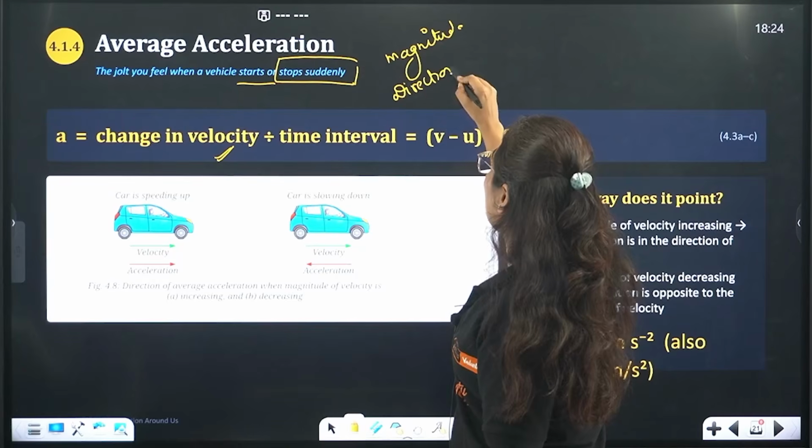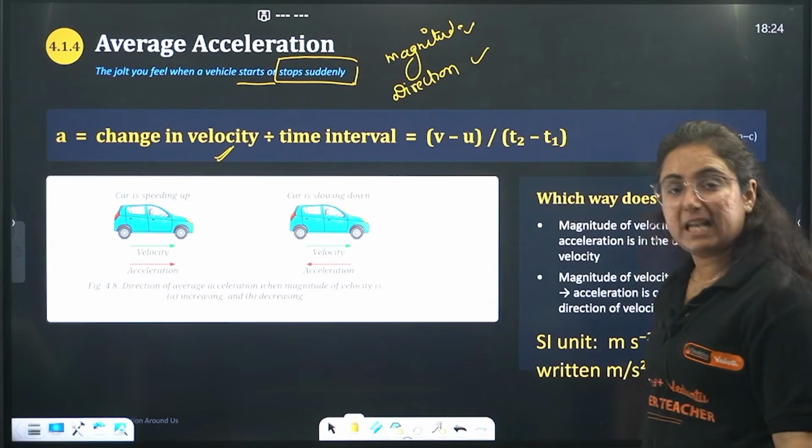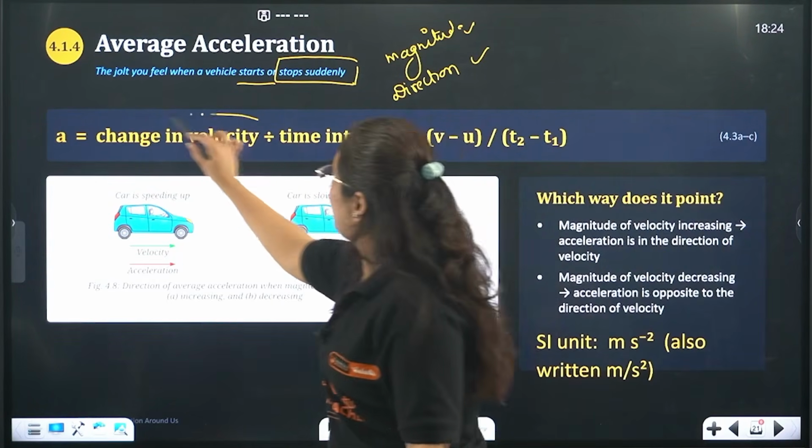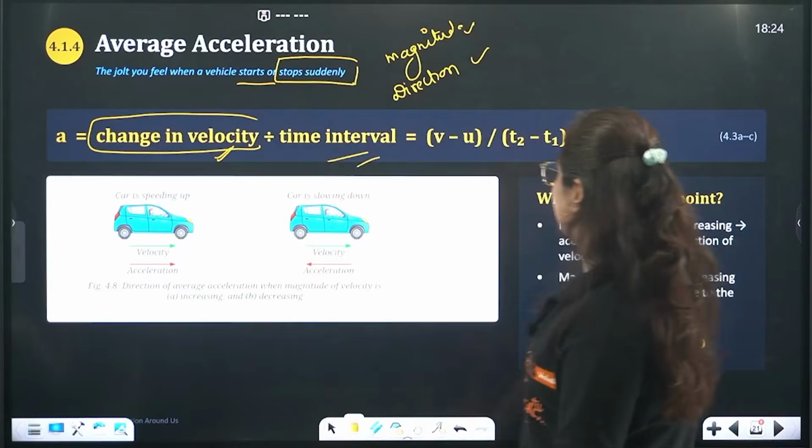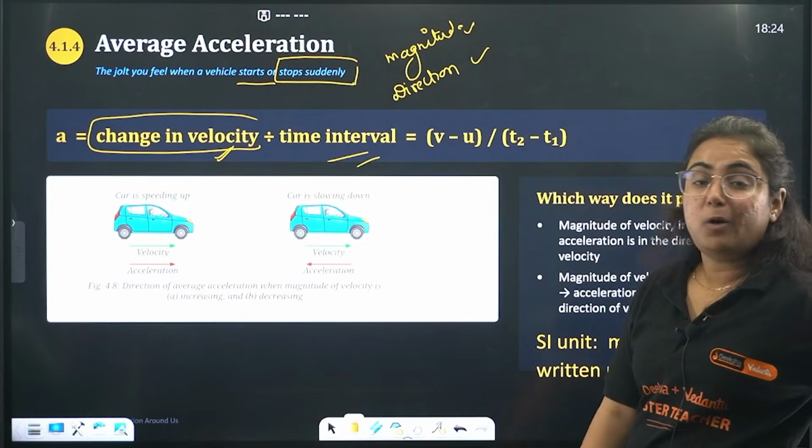So it comes from change in velocity upon time taken.